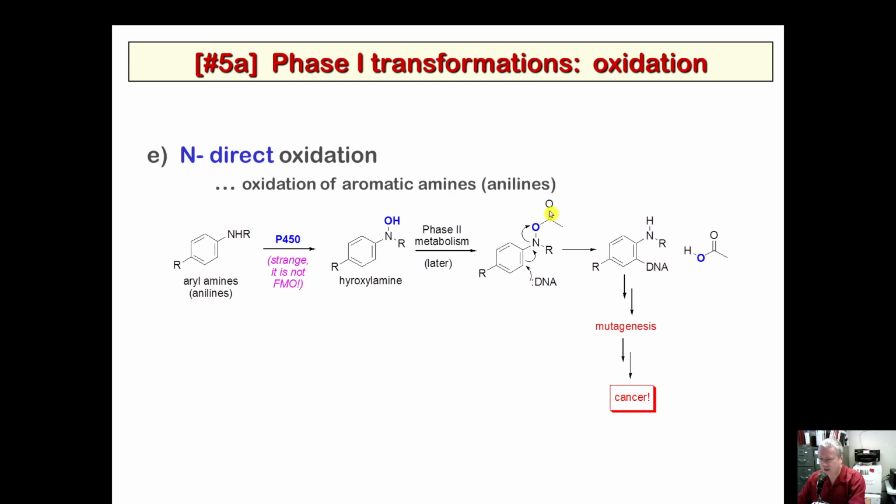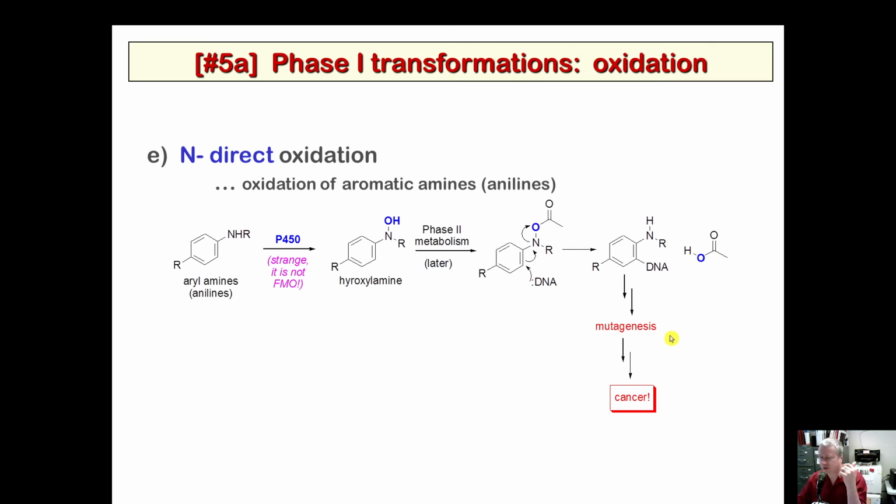Well, anyway, DNA can then attack, and it's like a conjugate addition. DNA can attack the benzene, kicking the electrons onto the nitrogen, kick off the acetate, and now DNA is attached to your molecule, releasing acetic acid. And then this could lead to mutagenesis and potentially cancer, depending on the drug and the nature of the amine, or just plain old liver damage, which when it adds up can be a serious problem.